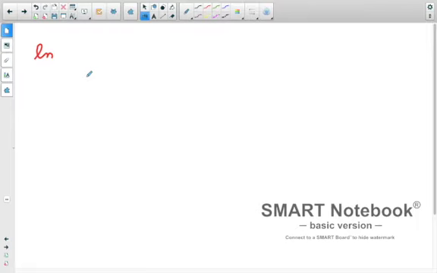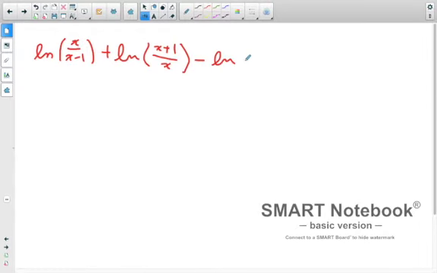But let's say we're looking at the natural log of x over x minus 1 plus the natural log of x plus 1 over x minus the natural log of x squared minus 1.